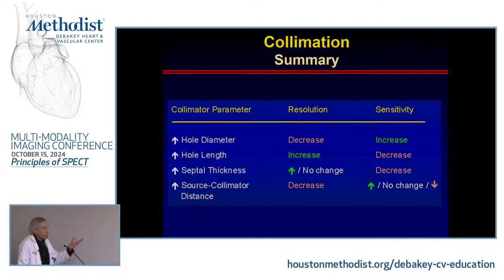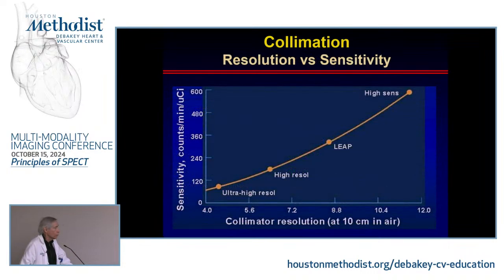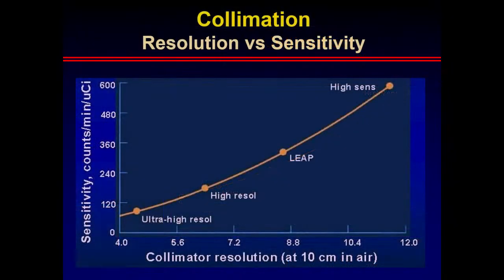Again, that's because depending on the hole length and the hole diameter, a certain amount of photons are going to be restricted or allowed to hit the crystal to have a scintillation. And so we base collimators on different hole widths and diameters. You can see here we range from ultra high resolution collimators, which have very nice resolution down to about 4 centimeters.